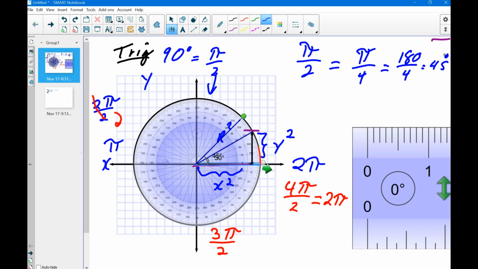Well, this gets even crazier because you see how I'm putting in the numbers for my radians now? This is actually pi over 4. But as I keep going, it just comes up here.